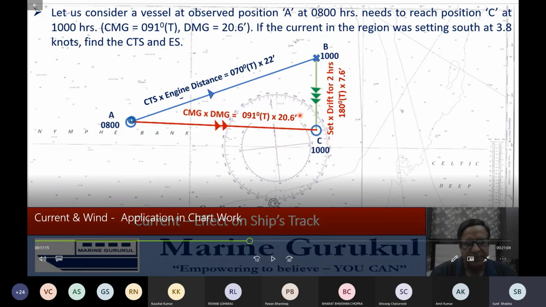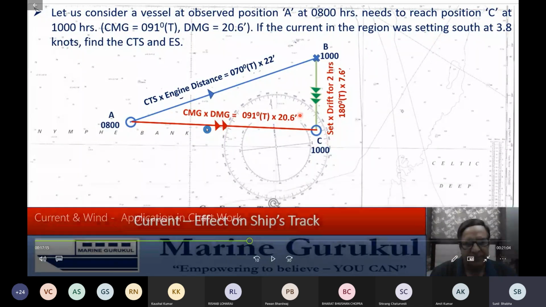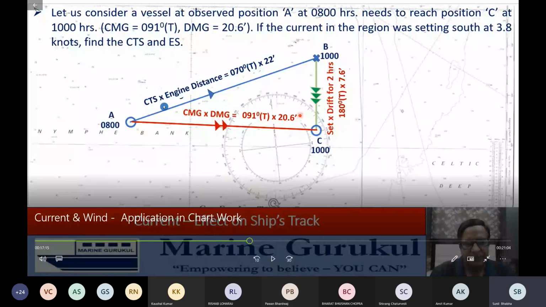Our initial position is also known to us, that is position A at 8 o'clock. So the initial position and the final position are all fixed, which basically means our red color vector, the course made good and distance made good vector, is fixed. It is known to us. And now we need to find out the CTS, what course we should be steering so that we reach our intended position. So that's the change in the question.